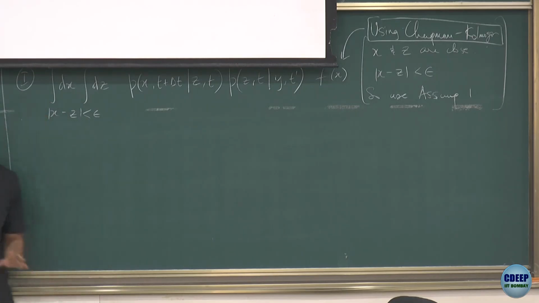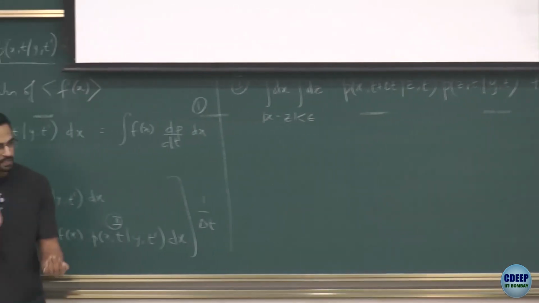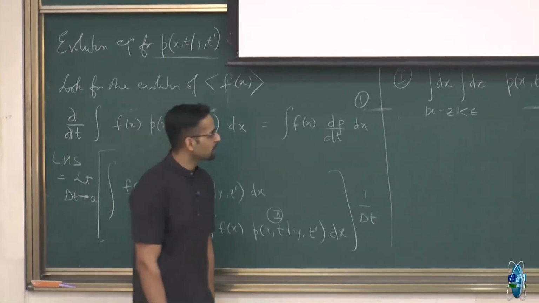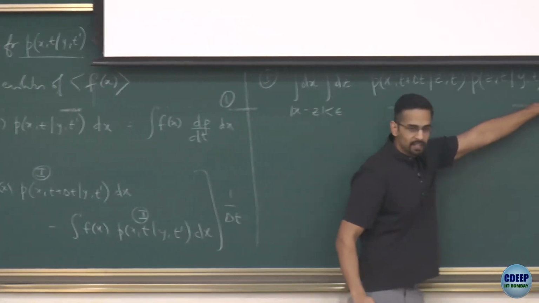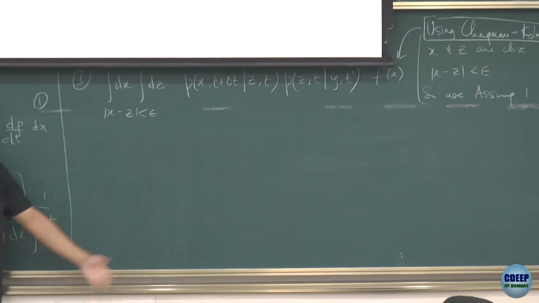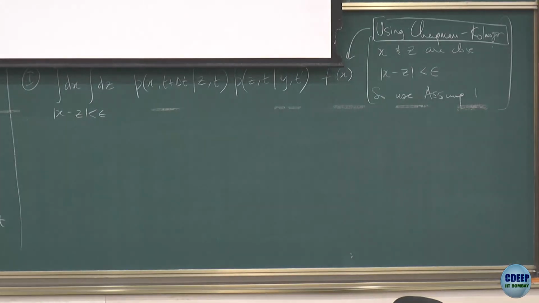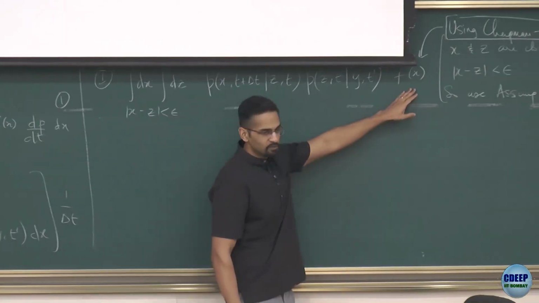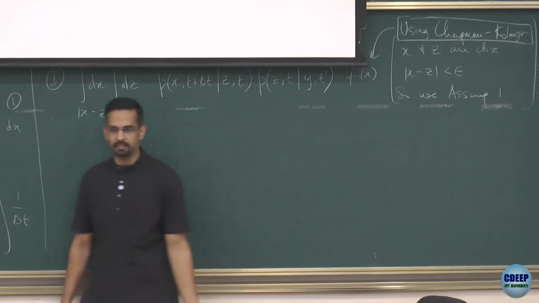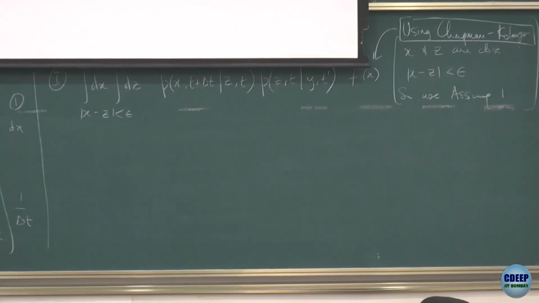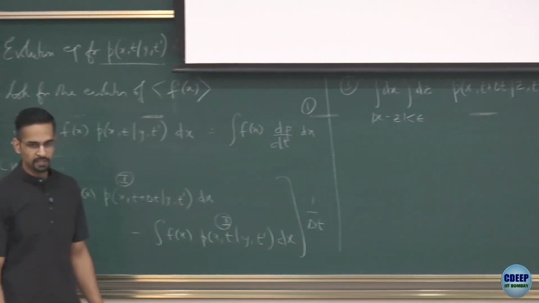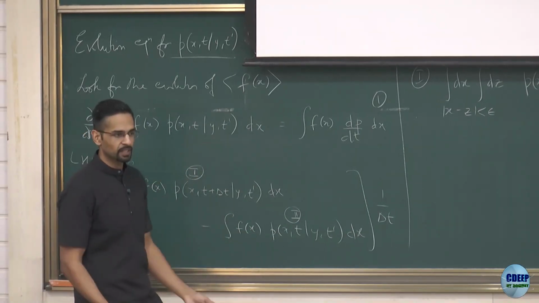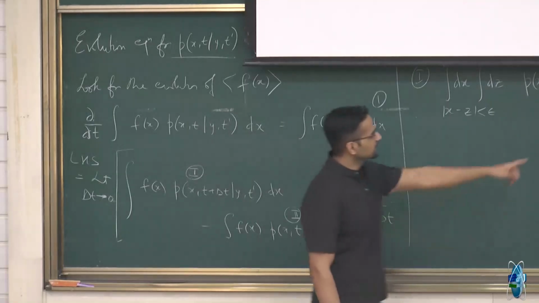So now I have converted my integral into something that is restricted to x being close to z. And because of that, now this f of x can be Taylor series expanded. I am not expanding the p, rather I am expanding this function which I had chosen to take the expectation of. Clearly I'll have to assume that its first and second derivatives exist when I do the Taylor series. That's fine, I can choose f to be of that kind. But the Taylor series is possible now.